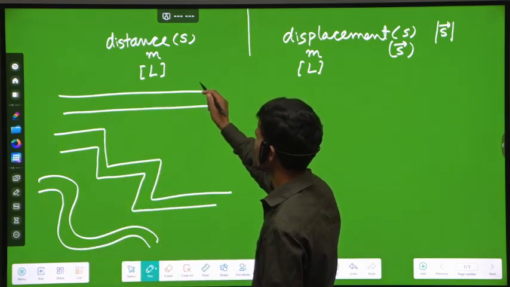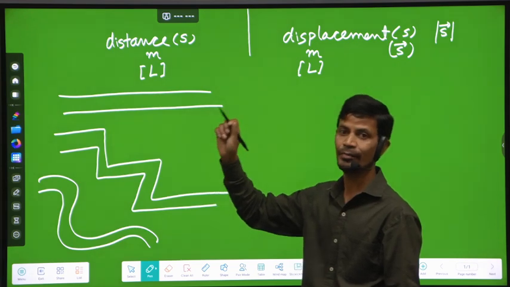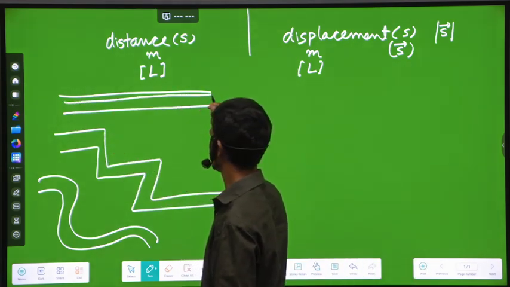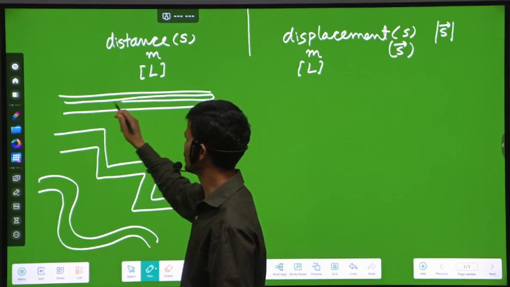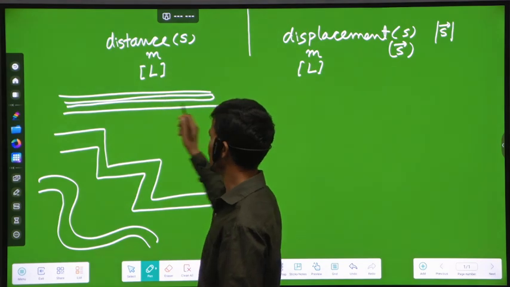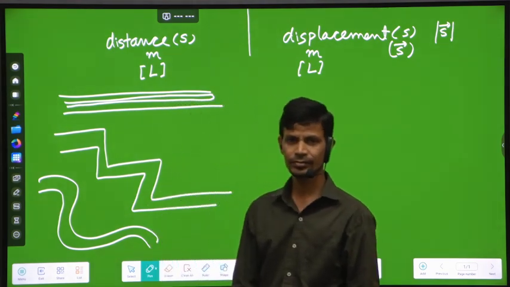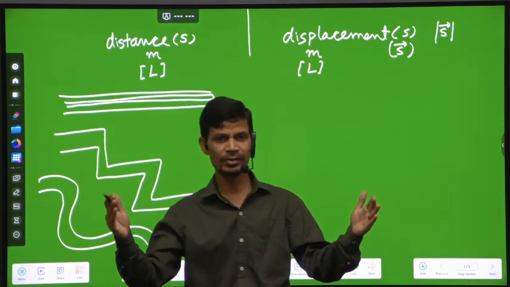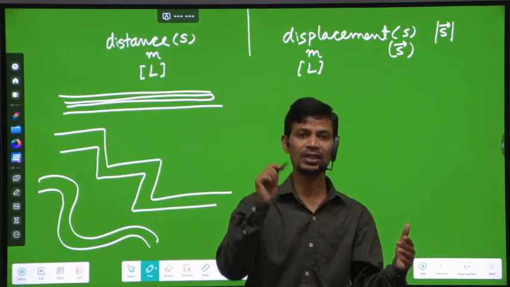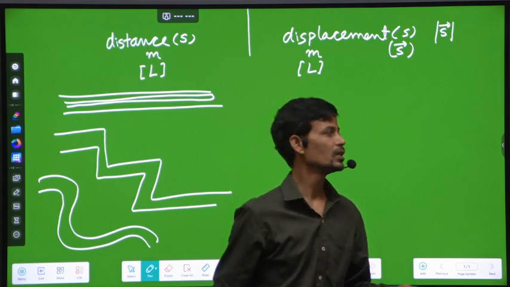So distance is length of the path traveled by a body. So if the body travels this and then comes back, the length of the path will be this plus this. It is not just limited to the path, but the length of the path traveled by the object.